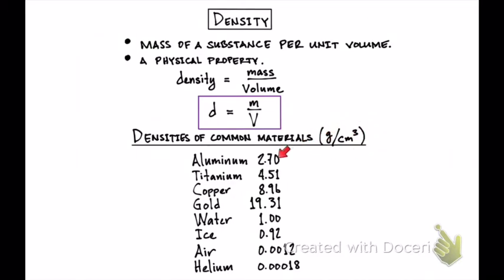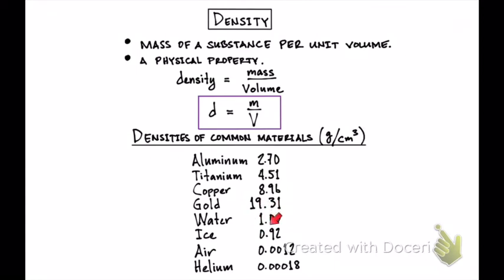Aluminum, for example, has a density of 2.70 grams per milliliter. Titanium is a more dense metal. And look at gold. Gold has a density of 19.31 grams per milliliter, or grams per cubic centimeters, and it's a lot more dense compared to the first three metals shown here.